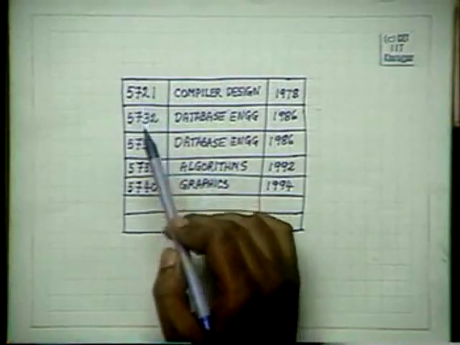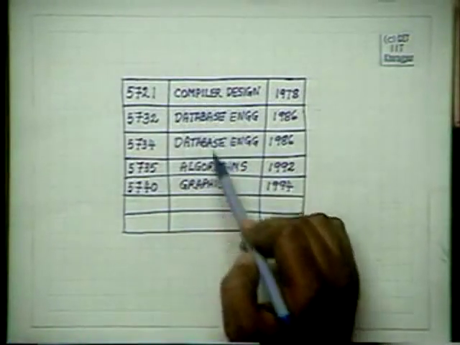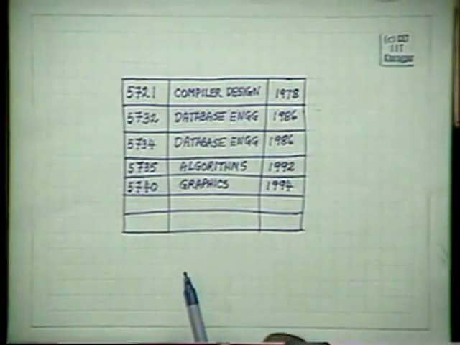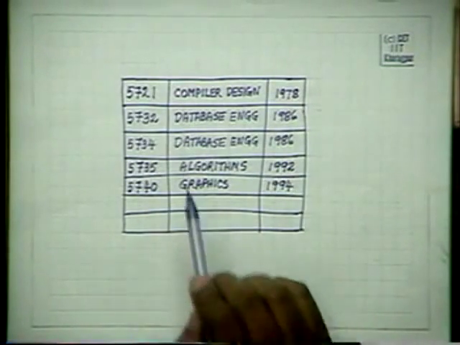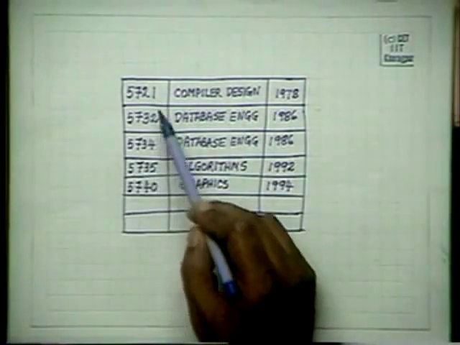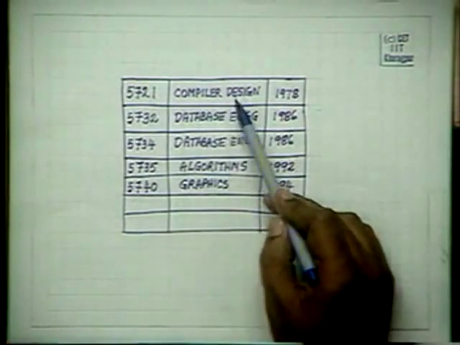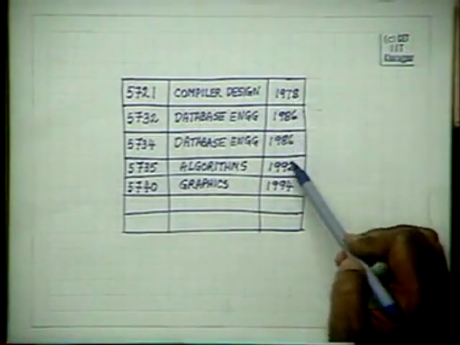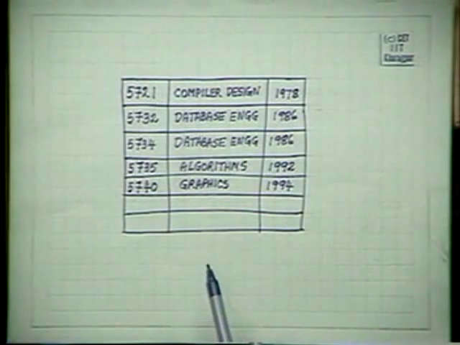Let us consider this example where we have got accession number, title and year of publication. And suppose at this point of time we have got it sorted according to this accession number key. These are the books and these are the year of publication of the books.